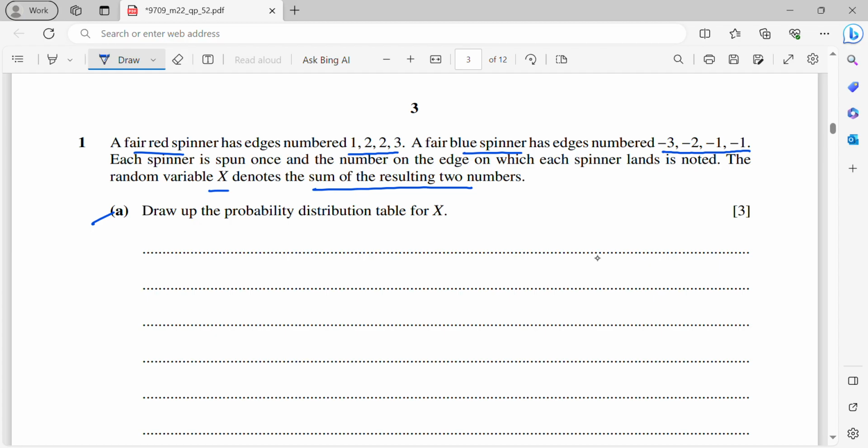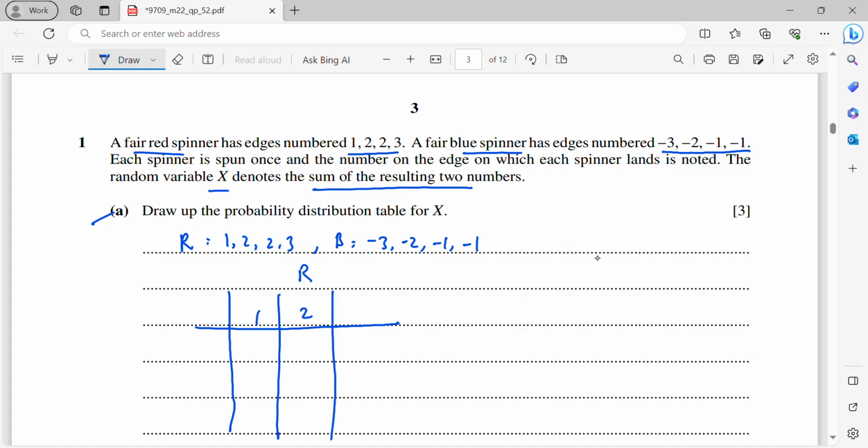So from here, I will write R is 1, 2, 2, 3. Then the blue one is -3, -2, -1, -1. Now I will just draw a table. Let's say this is to represent the red spinner: 1, 2, 2, and 3.